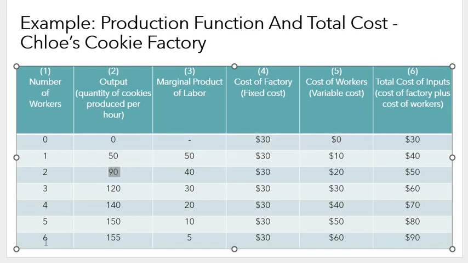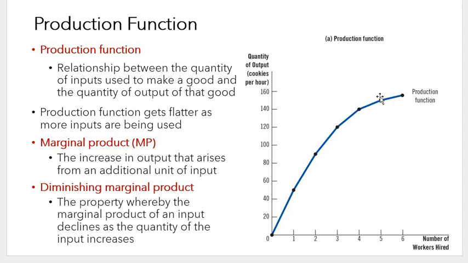And 3, 4, 5, 6, we can find those points, coordinates, on a graph if we plot number of workers along one axis and the output along another axis. So that is exactly what we called a production function.